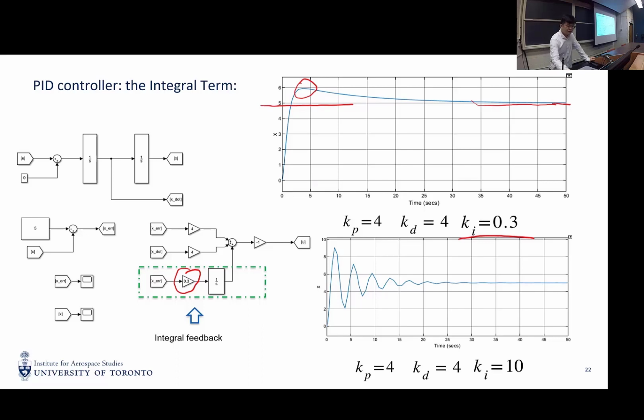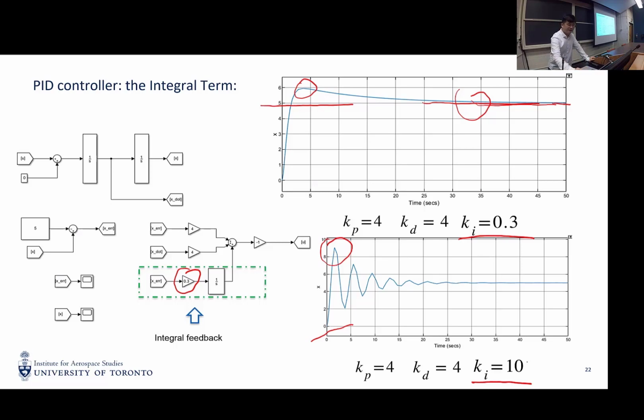Okay, but if I increase the Ki gain to 10, so if we pick an overly large Ki, you will see very large overshoot and very long oscillation time. So the settling time is very long. The principle behind choosing the integral term is that you should start with small values and gradually increase this value, such that the settling or convergence to steady state time is reasonable.